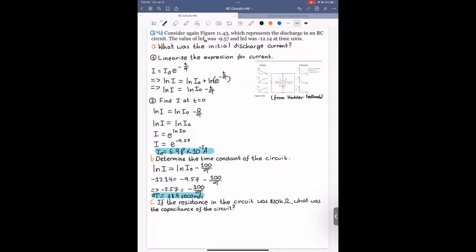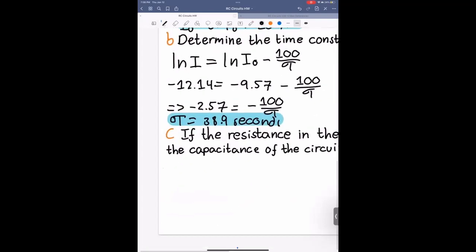And the last question is C. If the resistance in the circuit was 820 kilo ohms, what was the capacitance of the circuit? All right, this is basically 3 marks.